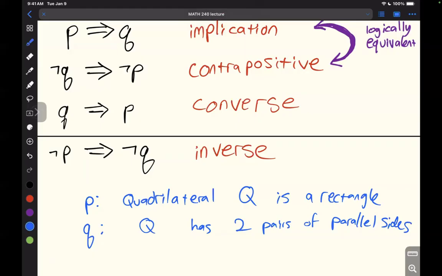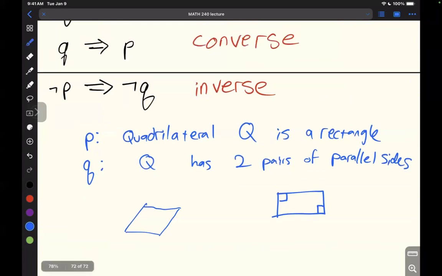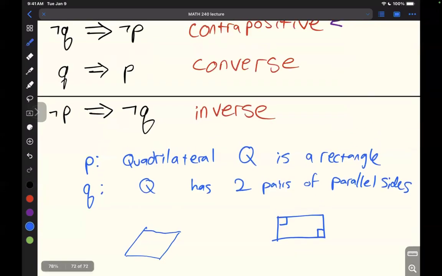So can we think of something that has two pairs of parallel sides that is not a rectangle? Yeah, because a rectangle is defined by two parallel sides, but also has right angles. And so the converse gives us a parallelogram, which is not a rectangle. And so they're not logically equivalent.